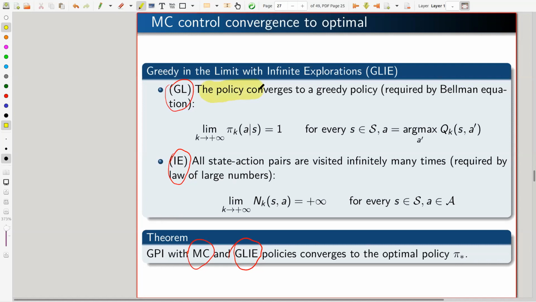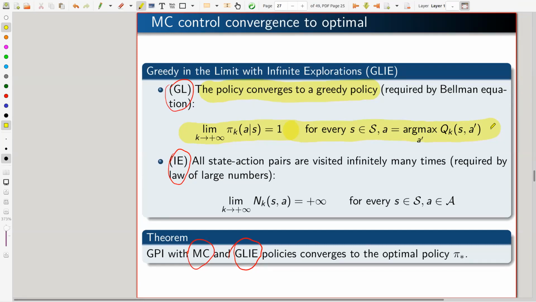Okay, so greedy in the limit means that the policy converges to a greedy policy. That means that the policy converges to a deterministic policy in the end.